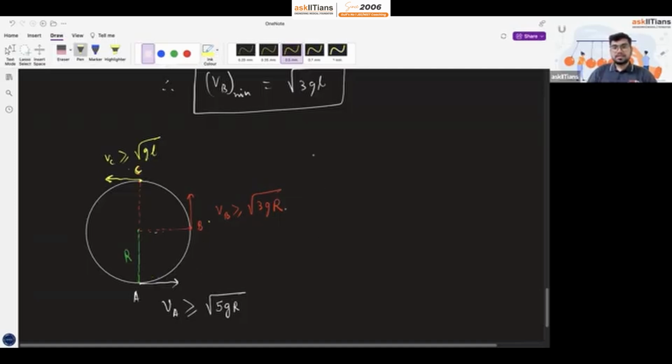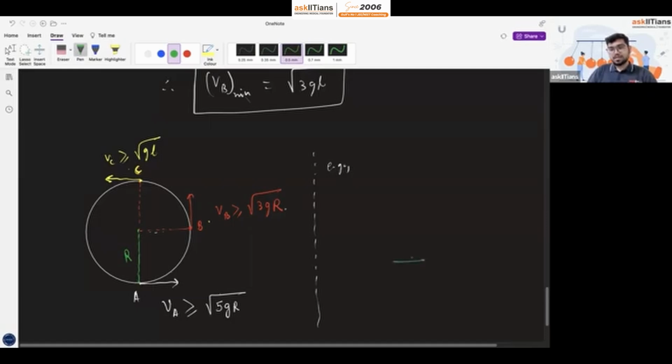Now, as I was mentioning, there can be good illustrations based on this. So let's take up an example. The most common one is the bucket problem.